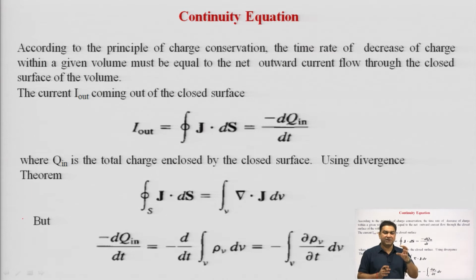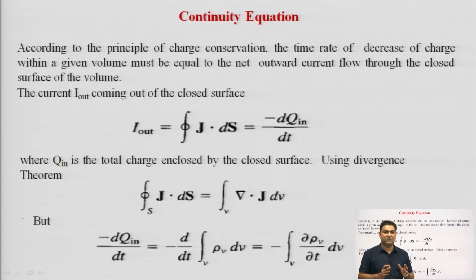I_out, the outward current, is equal to the closed integral of J dot dS, current density dot differential surface area, and it is equal to minus dQ_in upon dt. The negative sign denotes the decrease of charge, where Q_in is the total charge enclosed by the closed surface.